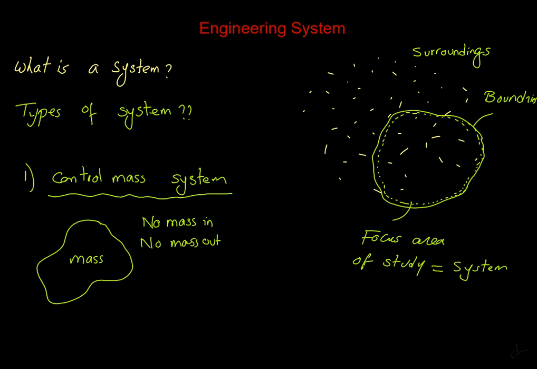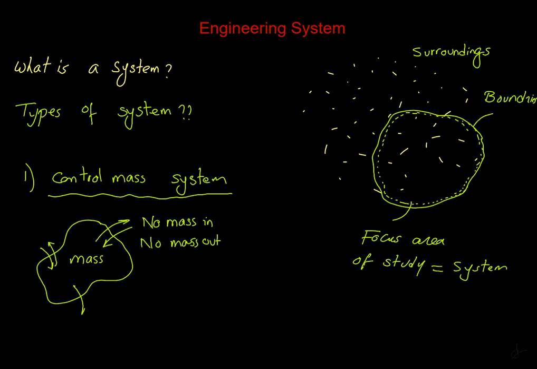That's how we keep the mass inside that system constant. But the control mass system has one exception, because it cannot restrict the transport of energy. So energy can cross the boundaries of that system.